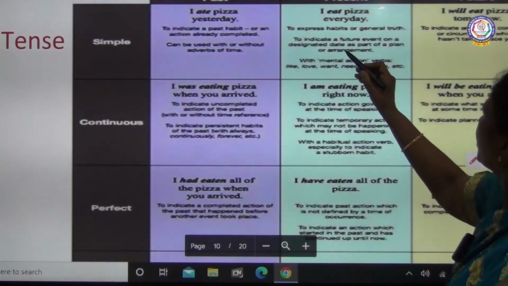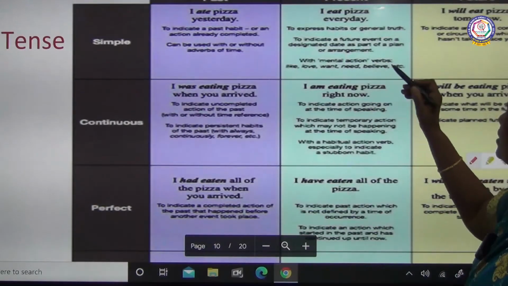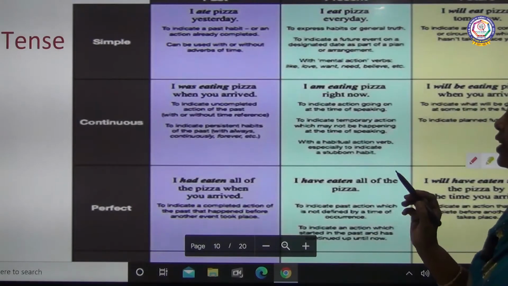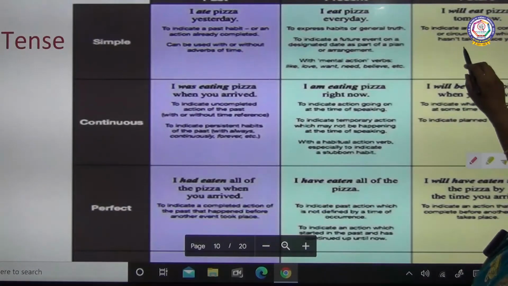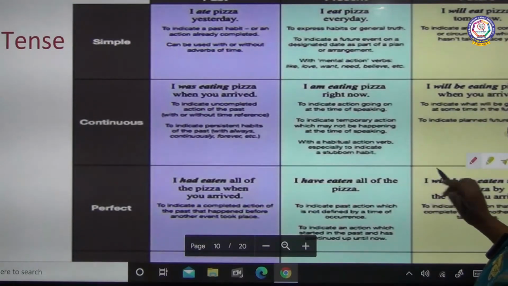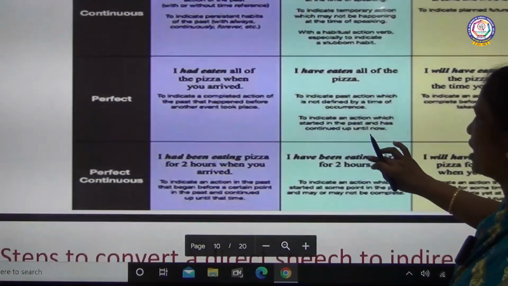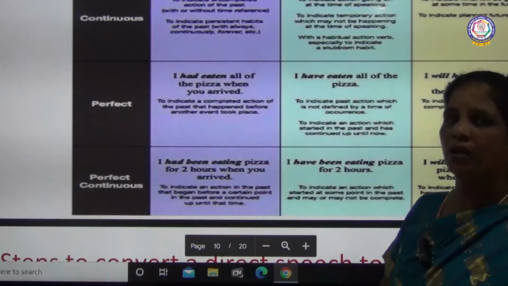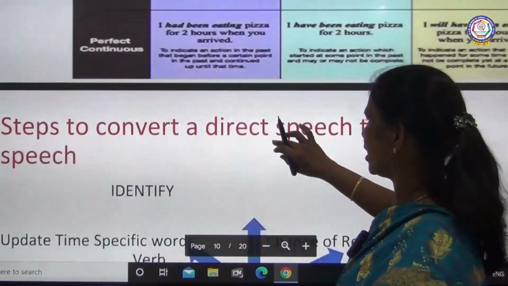So here to express habits or general truth, to indicate future events, and this all the tense. So usage of tense how we already learned, that I have given you. So I will eat pizza tomorrow to indicate an action or conditions. So here continuous tense and perfect tense, and then present perfect tense. So you must know all the 12 tenses very clearly, so that it will be easy for you to exchange.